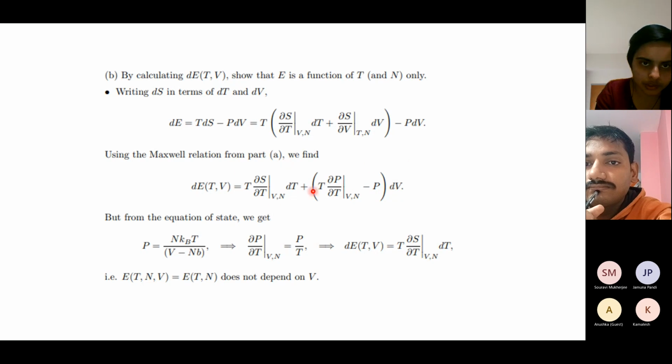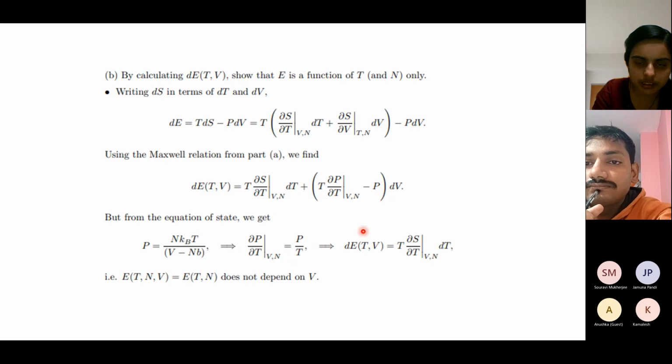So when you are told that you have to calculate dE in terms of T and V, you have to initially start with dS, but then you have to remove dS by expressing it in terms of dT and dV, and then separate the dT and dV terms. Now you make use of the equation of state given in your question in order to find the expression for dP/dT. And what turns out is that if you put this value here, it gets cancelled.